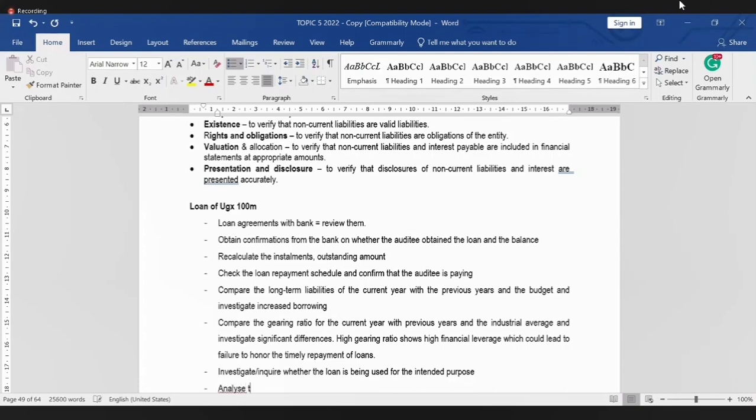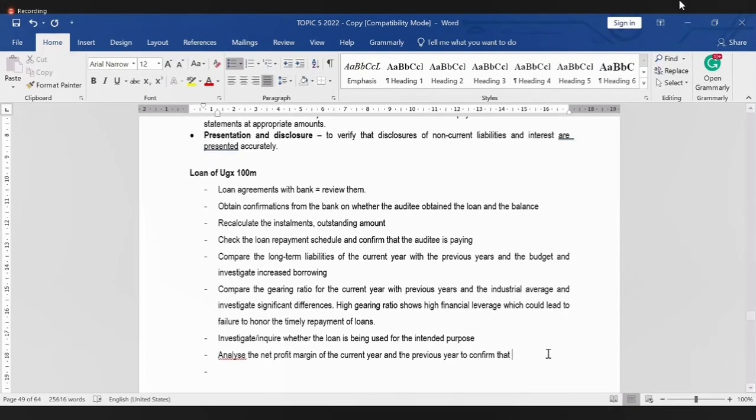But also we're going to analyze the net profit margin of the current year and the previous year, to confirm or to investigate significant decreases which may lead to non-repayment of interest, because interest is paid from profits.